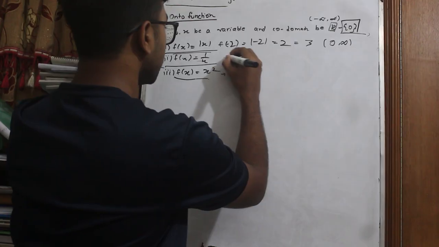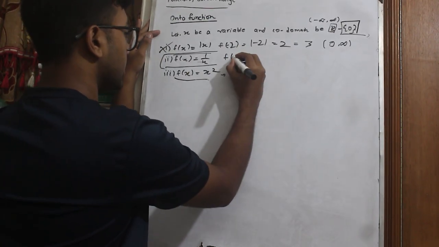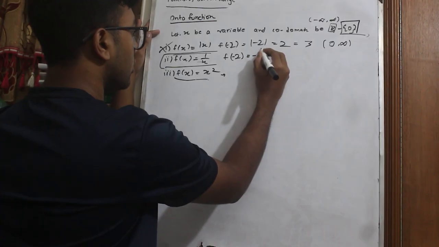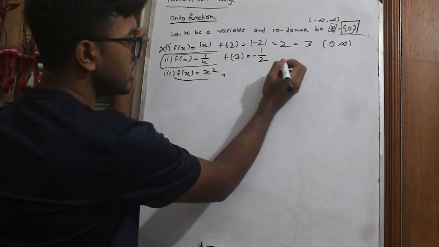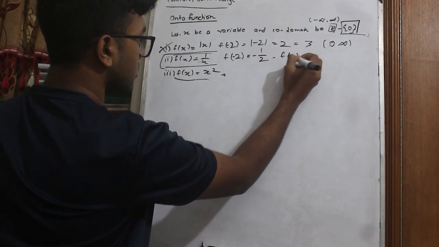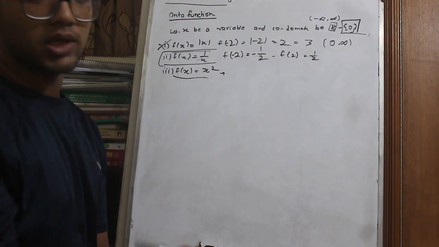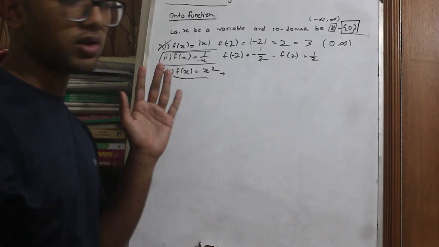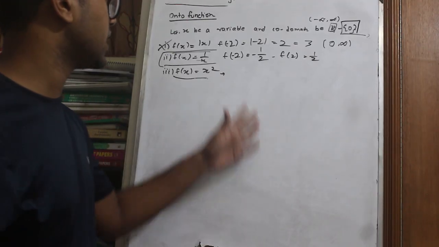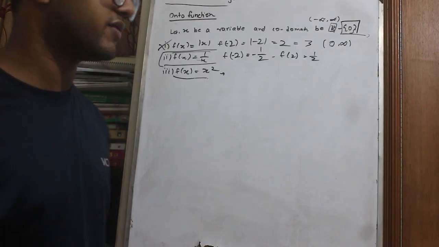In our second case, let's just put f of minus 2 equals 1 by minus 2. This is clearly a negative number, right? And then if we put f of 2 equals 1 by 2. So whatever number we put in, there is a number corresponding to that. If you put negative numbers, we will get negative numbers. If you put positive numbers, we will get positive numbers.